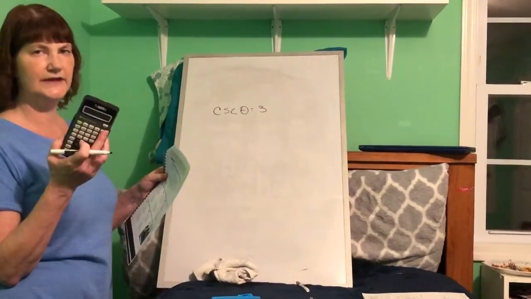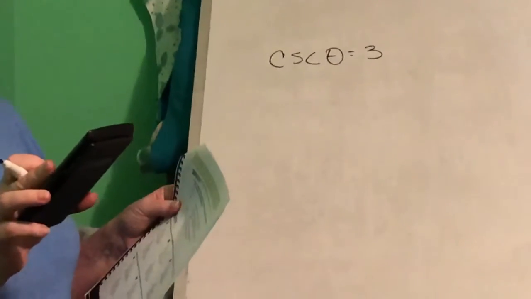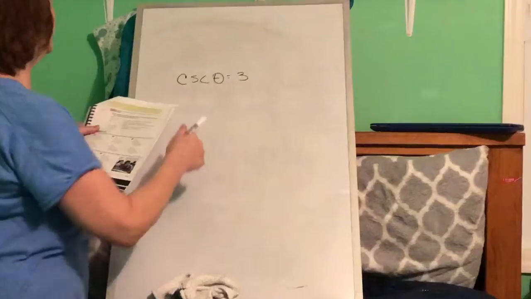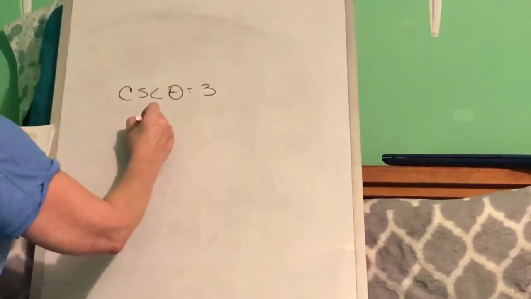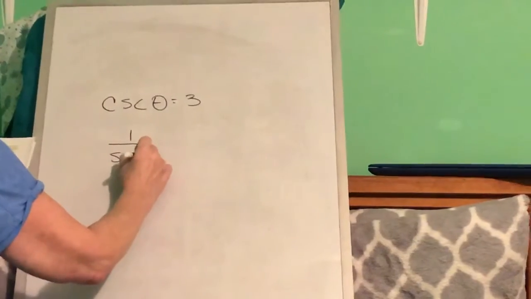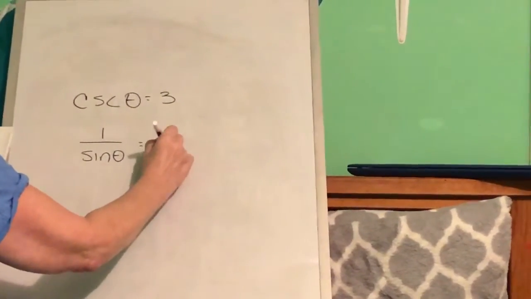But if you look on your calculator, now some calculators have them, but ours does not have a secant, a cosecant, and a cotangent. So we have to work carefully and use what we have. So I have to remember that my cosecant means 1 over sine of theta. So 1 over sine theta is equal to 3.